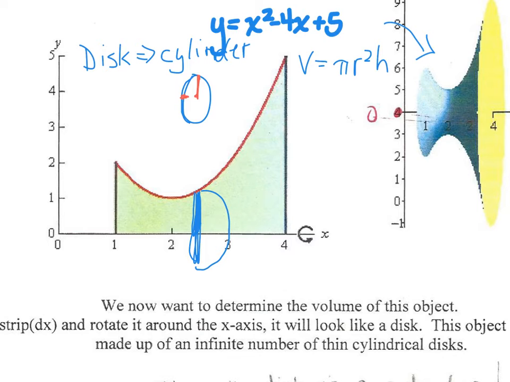Well, our radius, that's right here, and that's the same thing as what value? That is our y value. So we could have y squared in here. The pi will stay the same, and our height is really the thickness of this disc. And what can we use as an expression for that?